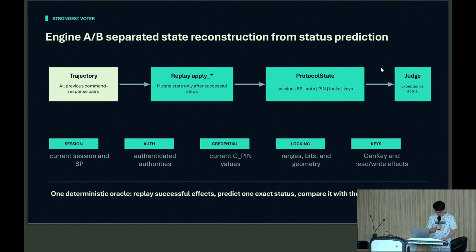The state includes the current session and SP, authenticated authorities, C_PIN credentials, locking ranges and bits, keys, and MBR states, and access control data, etc. For the final step, A and B compute the single specification-correct status and compare it with the device response. The deterministic replay and judge structure produced pretty good scores.